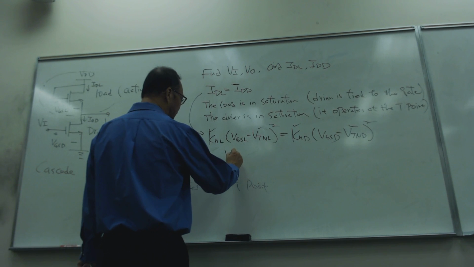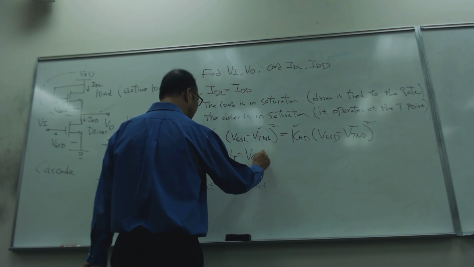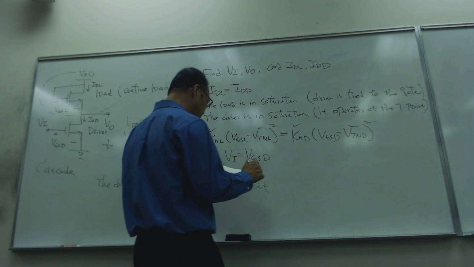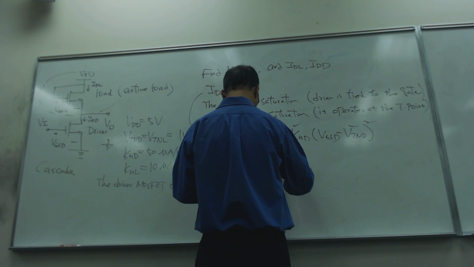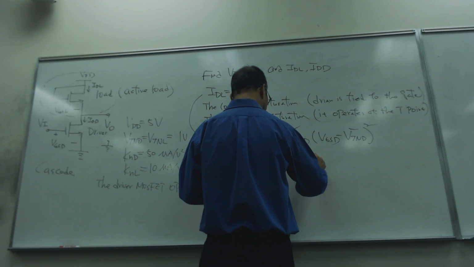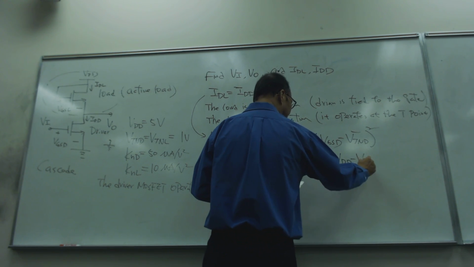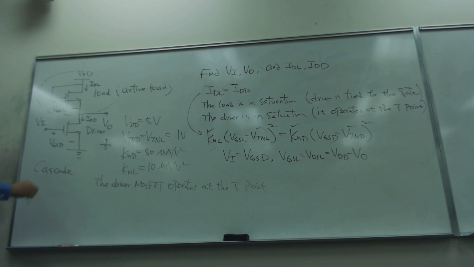Okay. V sub I should be equal to VGSD. Correct? V sub I to the ground is the same as VGSD. Yes? Okay. And VGSL is equal to VDSL equal to VDD minus VO. Right?